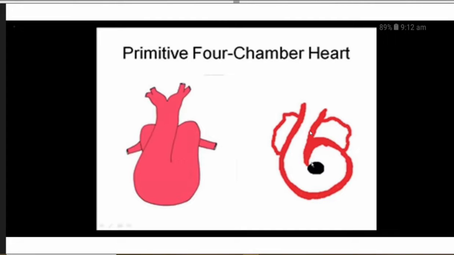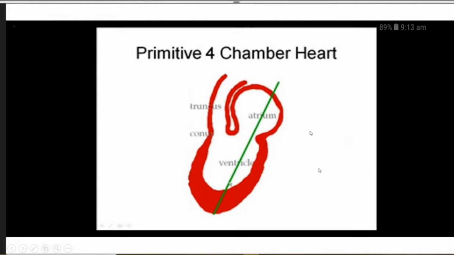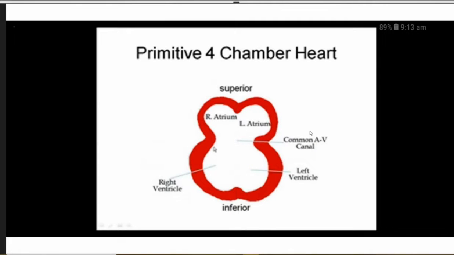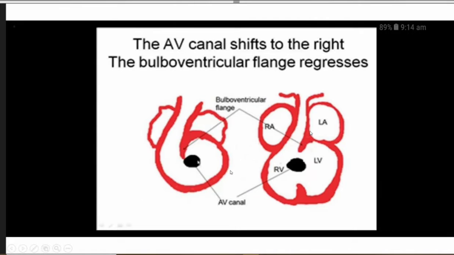So initially, the atria communicate with the left ventricle, and the left ventricle communicates with the right ventricle, and the atrioventricular canal is single. Then subsequently what happens? There is formation of two atria and two ventricles, but there is a common atrioventricular canal.